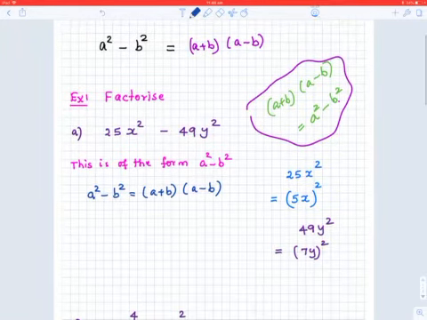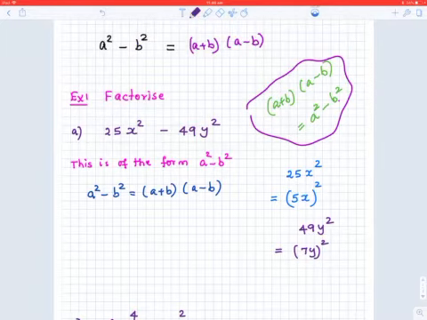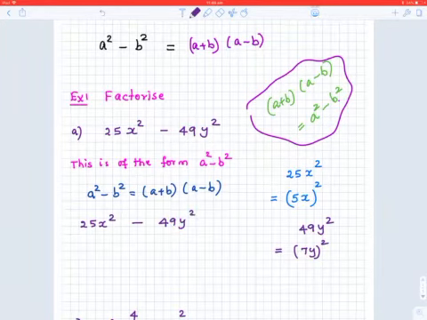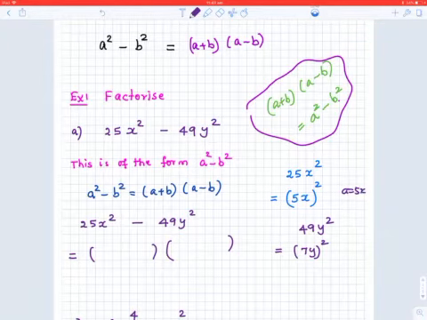So therefore, 25x squared minus 49y squared would be equal to, we have double bracket, one for a plus b, the other for a minus b.